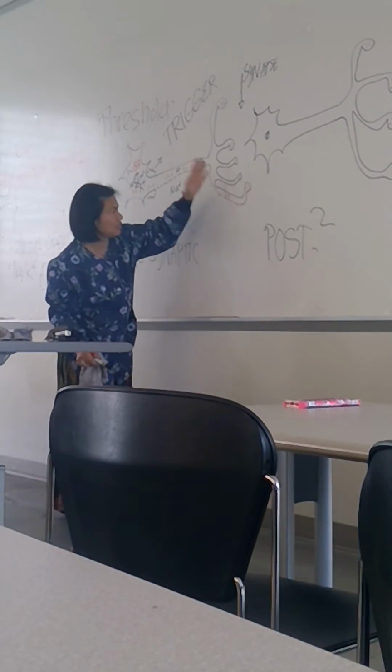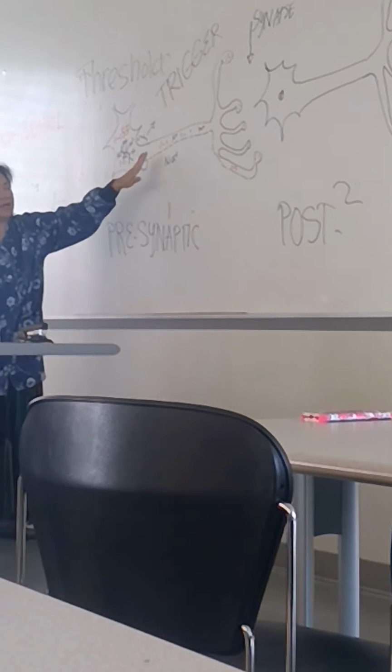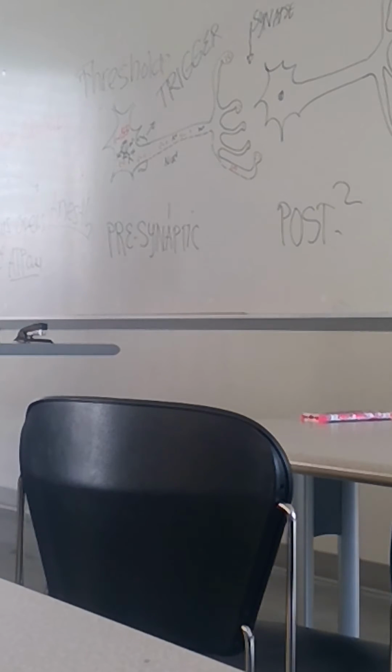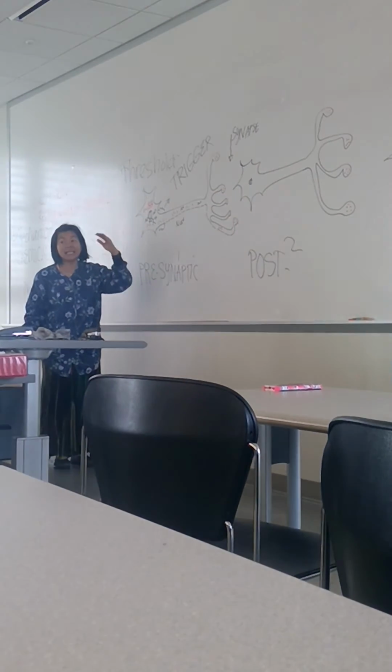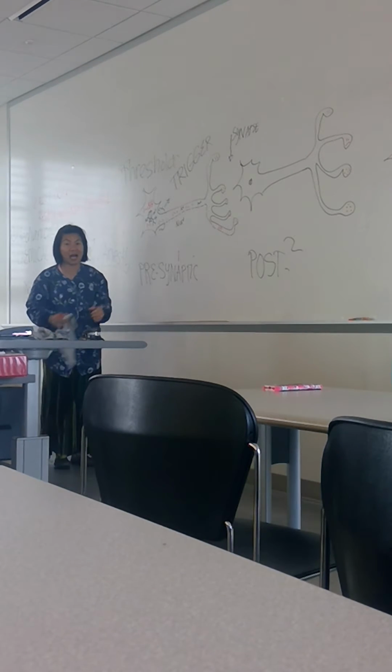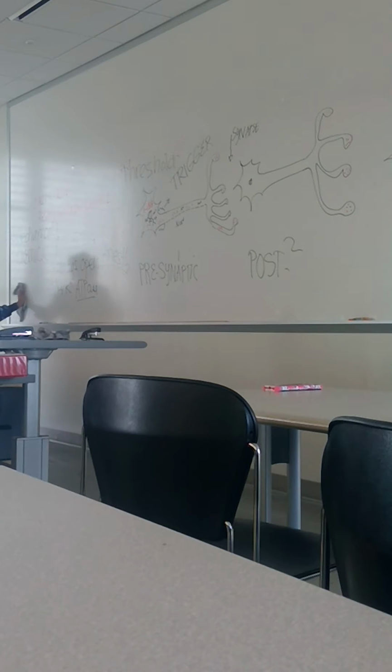That's how you get the minus 70 and the sodium-potassium phase. But here in the axon, you do not have chemical gates. You do not have mechanical gates. What the axon has, in addition to leakage gates, are voltage gates. That's the last gate that you need to know for now. Voltage gates.